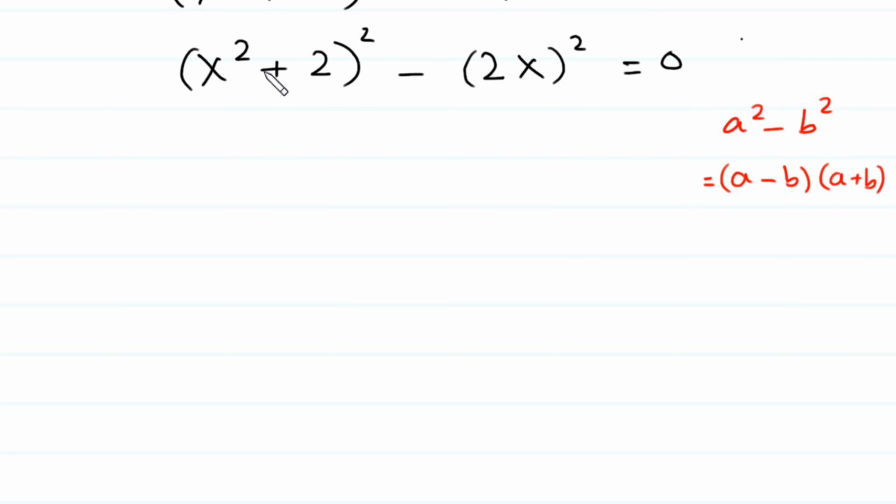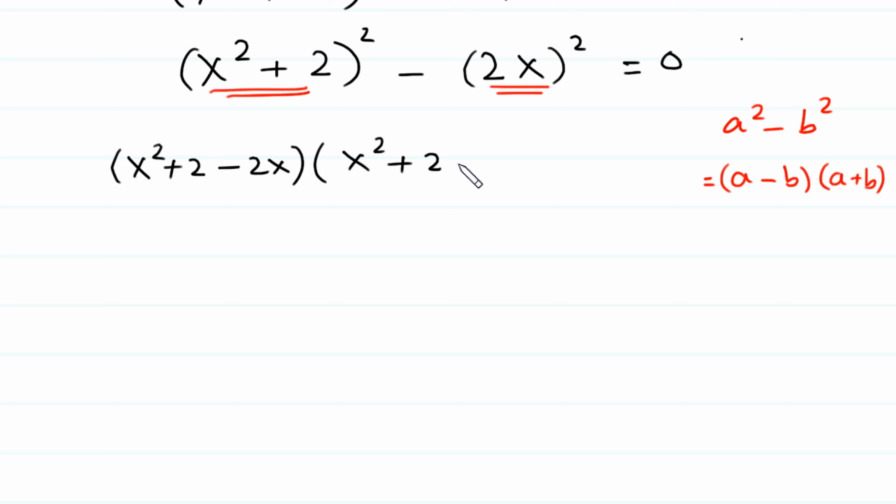In this case, a is x square plus 2 and b is 2x. So according to this identity, this expression will be written as x square plus 2 minus 2x times x square plus 2 plus 2x is equal to 0.